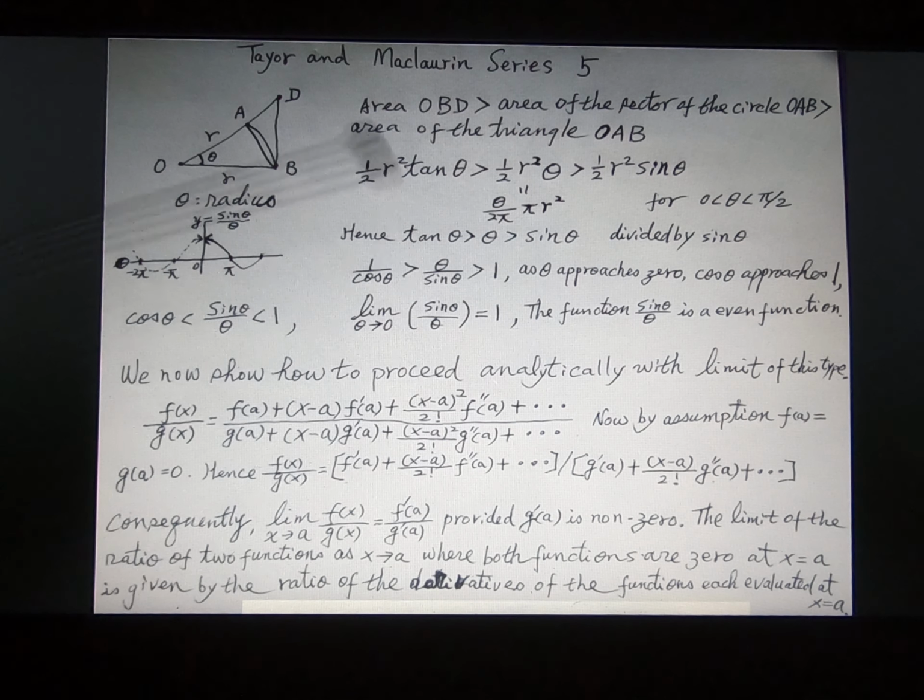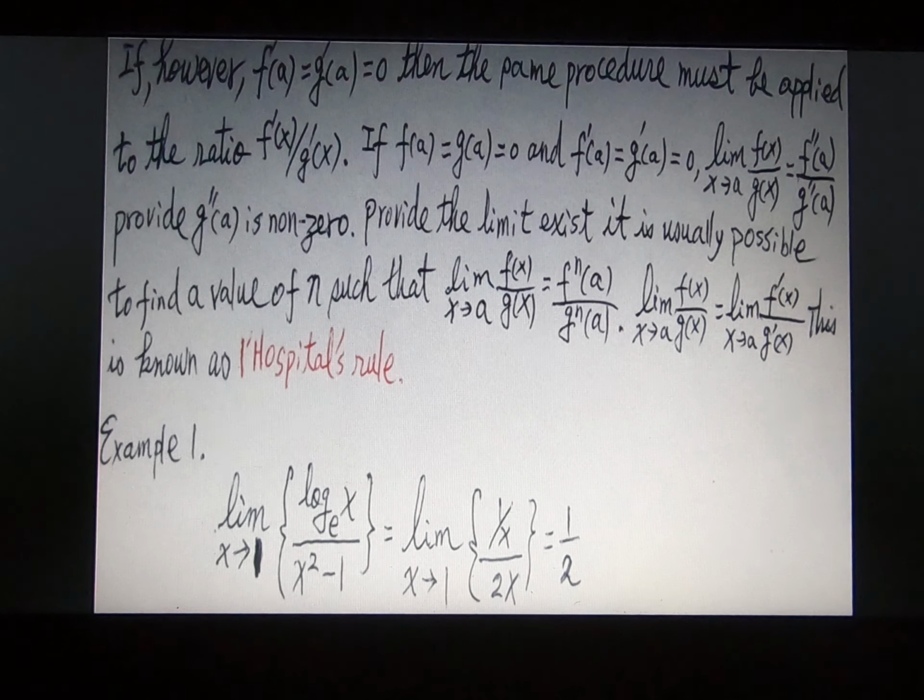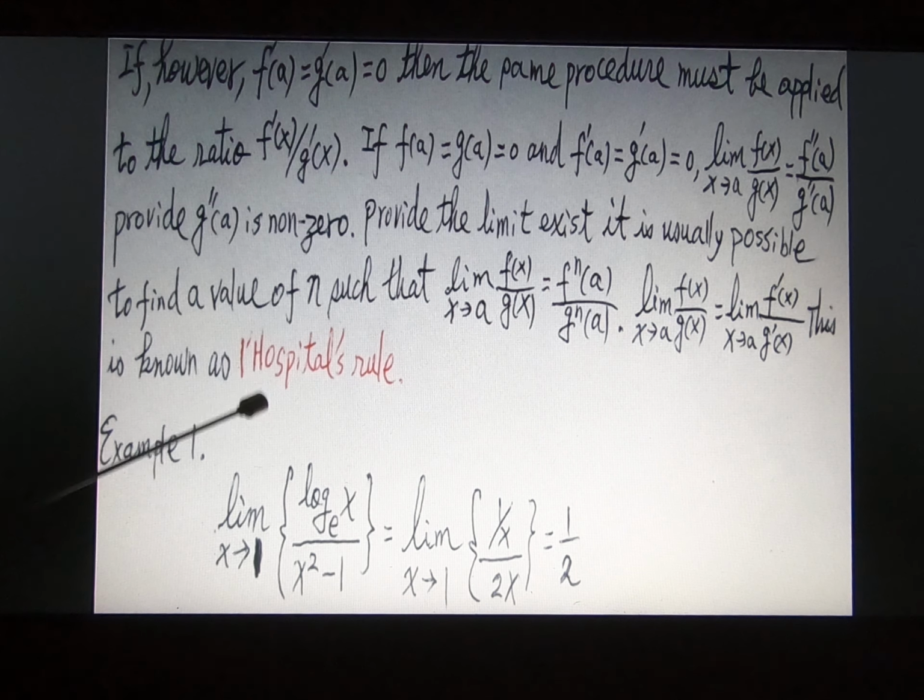And there are other ways we can use the hospital rule to do this. So this is how you can evaluate it. So this limit is actually equal to the differentiation of this. So this is called the hospital rule.